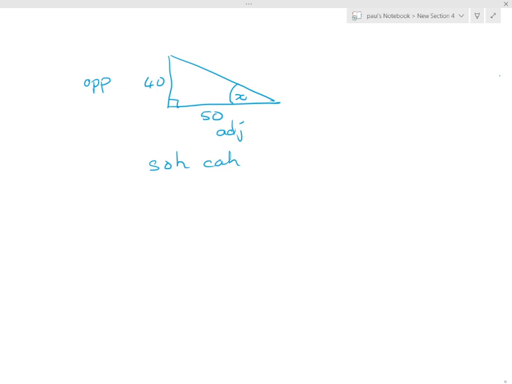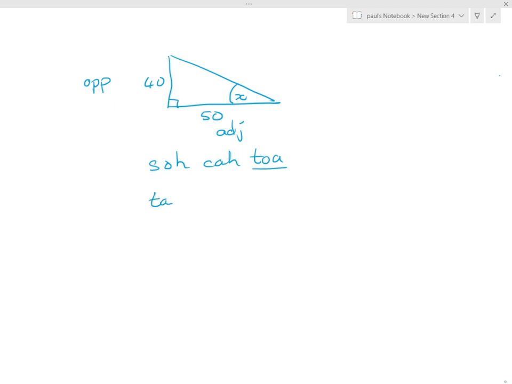And one more just to round this up. We haven't used tangent, have we? Oh, never mind. Come on, let's do a tangent one. So we're going to find x, and tangent is adjacent and opposite. So we need a number over there and a number down there. There's the right angle. So this is the opposite. This is the adjacent. So, SOH CAH TOA, tangent, opposite and adjacent, this one.